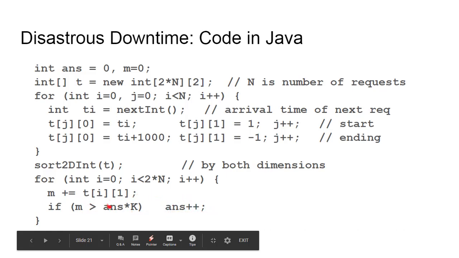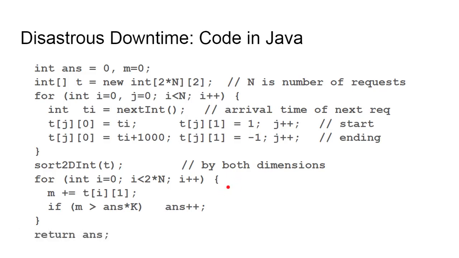If it's greater than this, then that means we need 1 more server. Since in each iteration of this loop m can only increment by at most 1, adding 1 to the answer will be sufficient. You can do this in other ways. You can also compute the max of the number of requests and then compute the answer at the end.